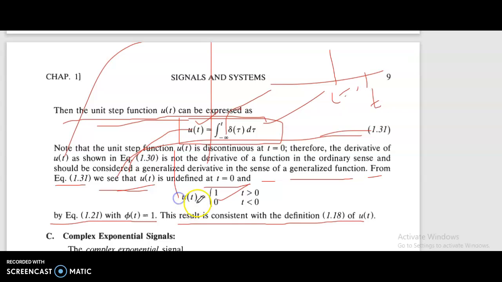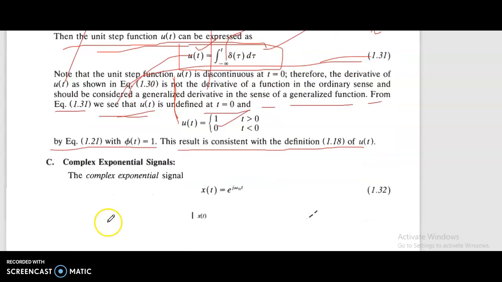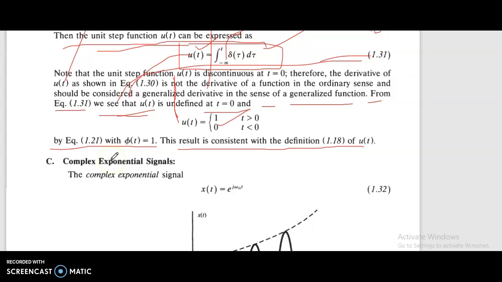This is the unit step function u of t. By equation 1.1 with phi of t equal to 1, this result is consistent with the definition 1.18 of u of t.